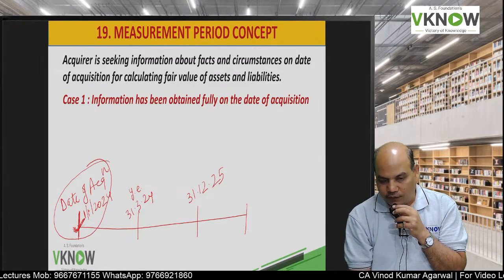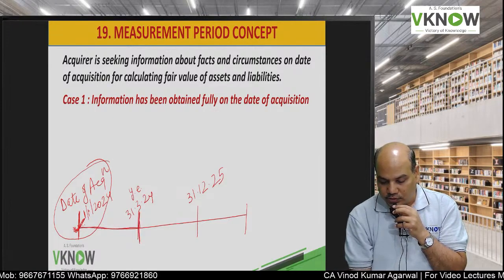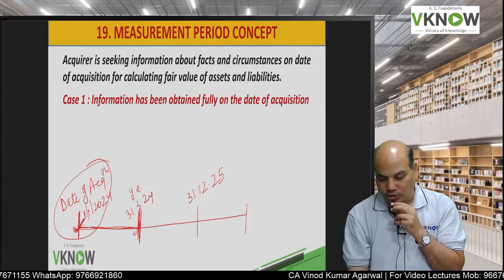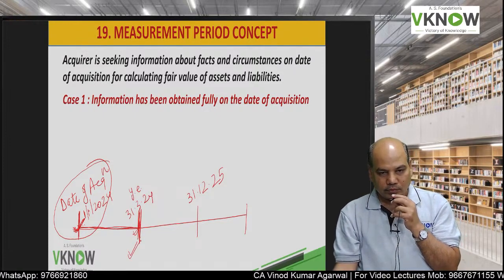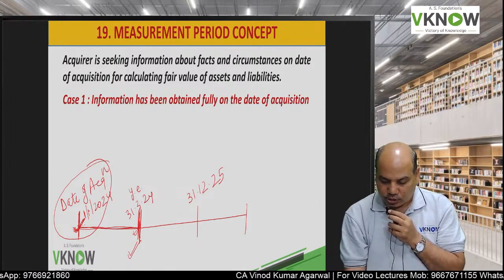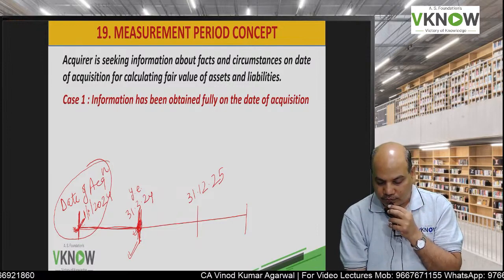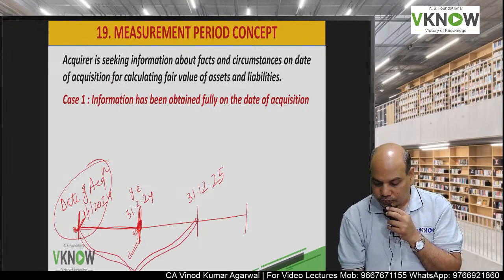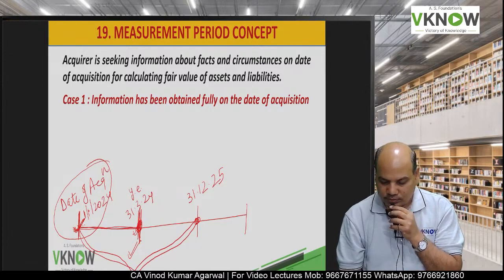You can take provisional figure here, and then the standard says if you are able to find out the fair value up to 31st March, which is the first year ending date, what will you do? Suppose you are not able to find out the fair value up to the first year ending date also, then you are given total 1 year time to find out the fair value and update your provisional figure.